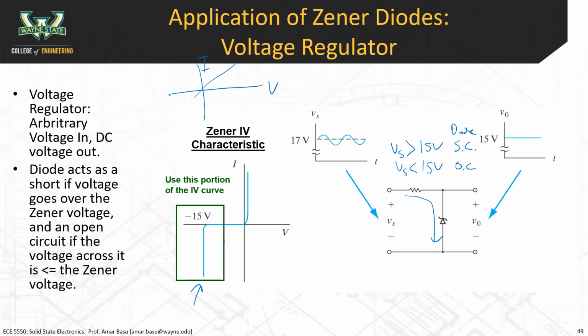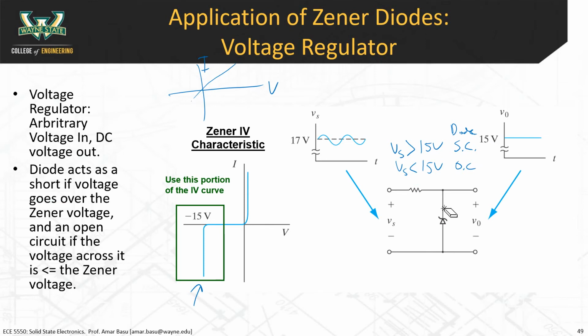So when it's greater than 15 volts, the current just goes through the diode like this, and when it's less than 15 volts, then the diode is open-circuited and there's no current going through here. Actually, I don't know if that's a good way of looking at this. Let's look at it the other way.